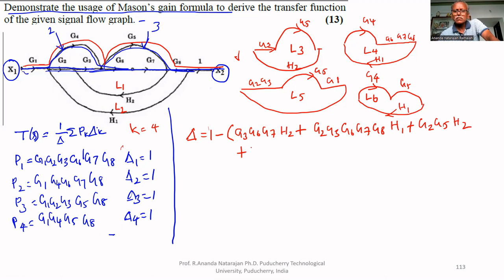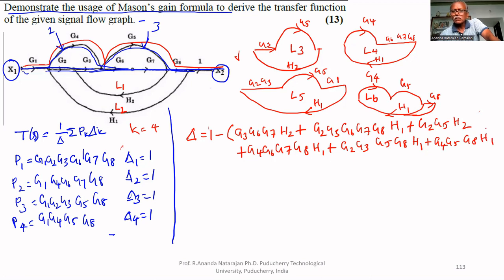Then L4 is G4, G6, G7, G8, H1 plus L5, which is G2, G3, G5, G8, H1 plus L6, which is G4, G5, G8, H1.